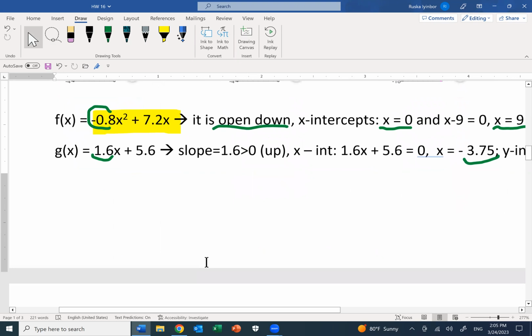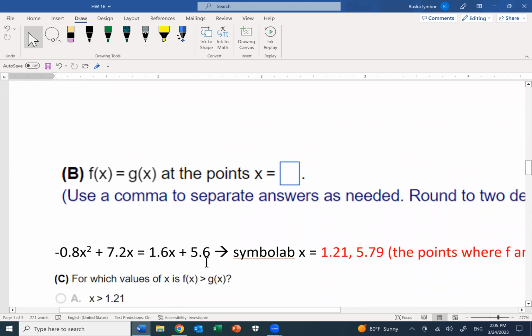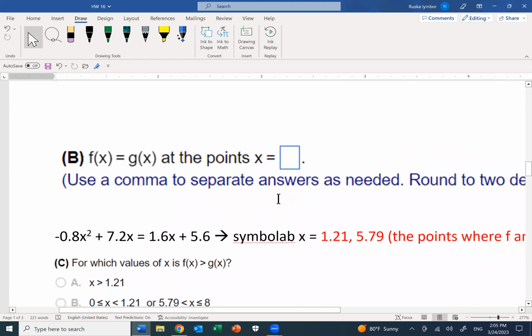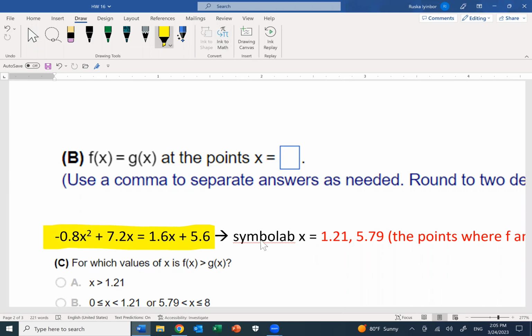Then the next part of this question, we need to find F equals G to see which points those are. So here what we're doing, we just take the function F equals the function G. It's a quadratic equation. I use the solver to do it faster. You can use the quadratic formula. You can factor. You can solve the quadratic equation the way you know how.